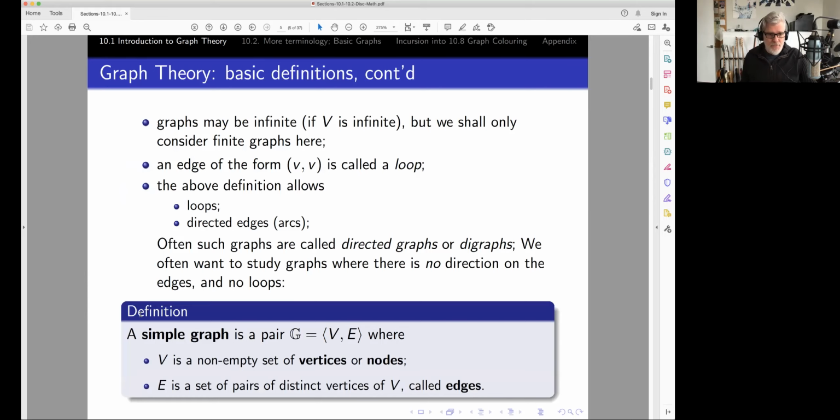An edge of the form (v,v) we call a loop. The definition I gave you allows loops and directed edges, directed arcs, in the sense that the pair (1,2) and the pair (2,1) are different pairs.